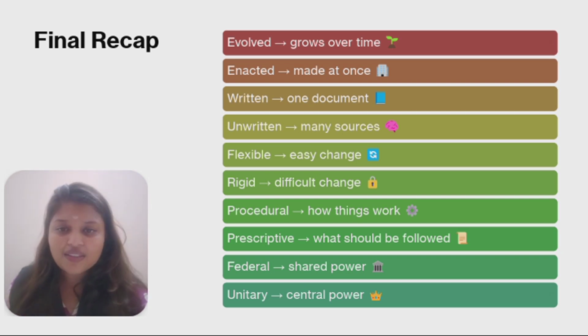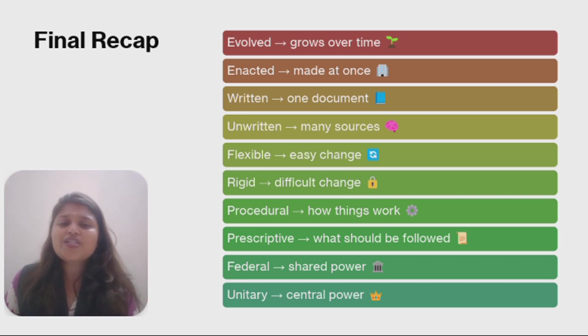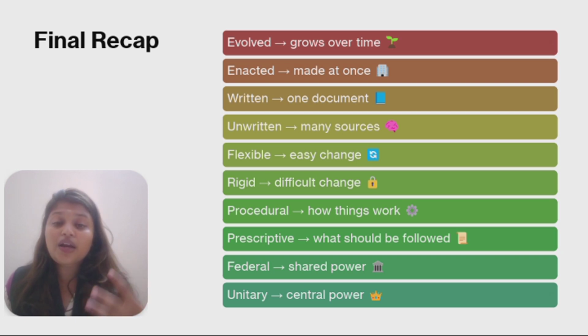Going on with the other type, it is procedural constitution and prescriptive constitution. What is procedural constitution? Procedural constitution gives the provisions that focus on how things should work. That is, it gives us procedures to do certain things.